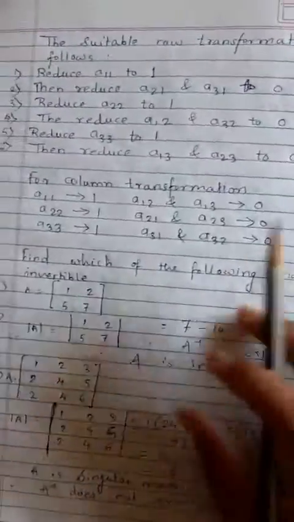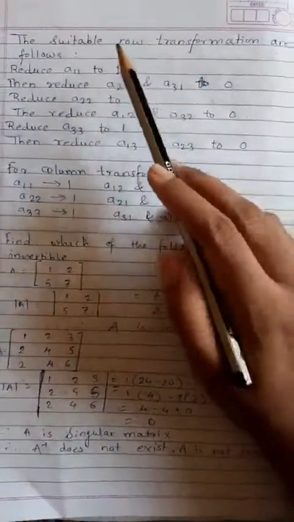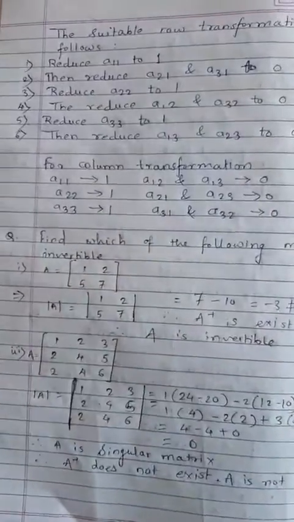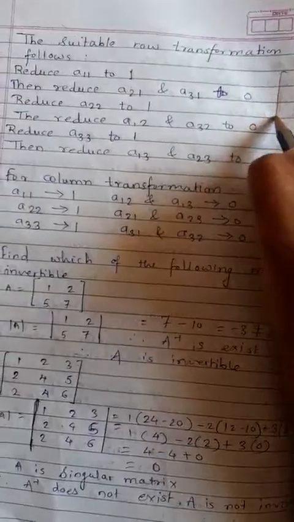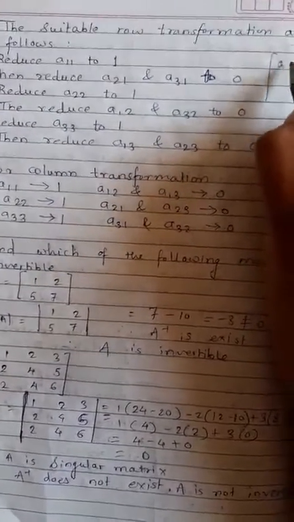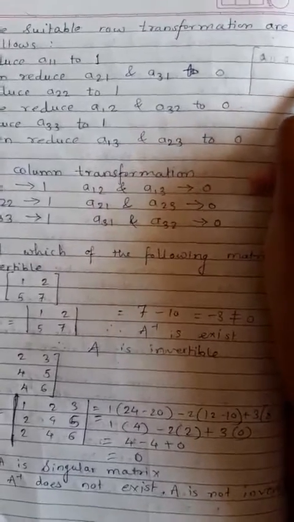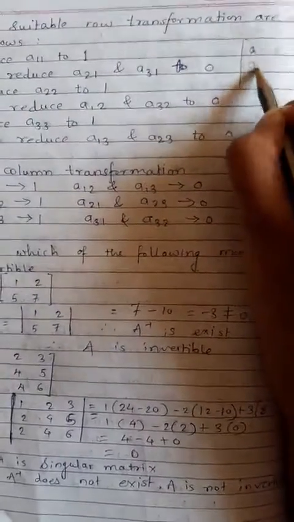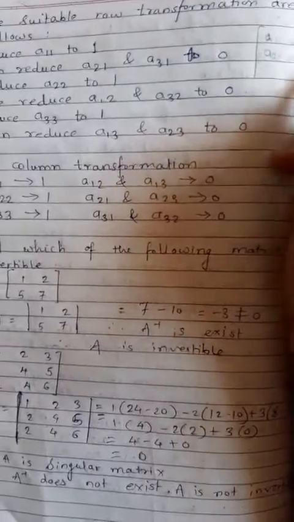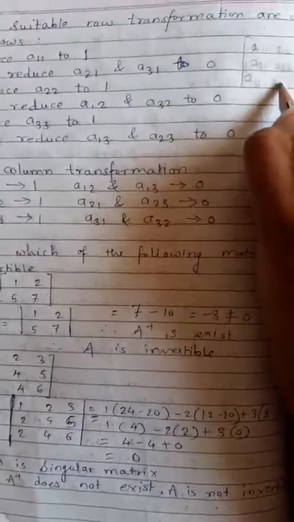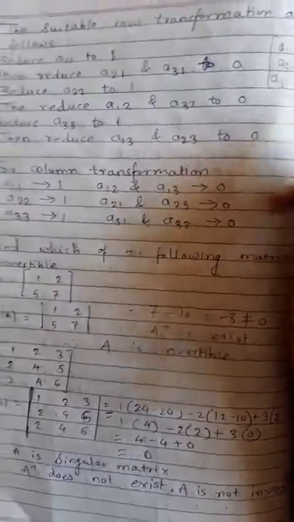So next part. The suitable row transformations are as follows. First I'll write here matrix A11, A12, A13, A21, A22, A23, A31, A32, A33.